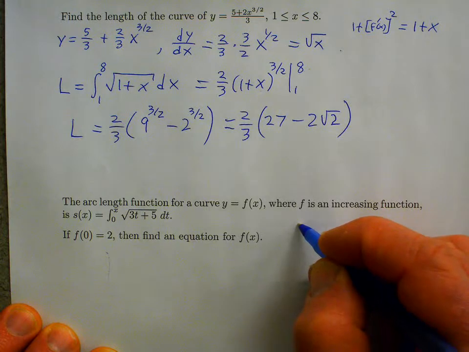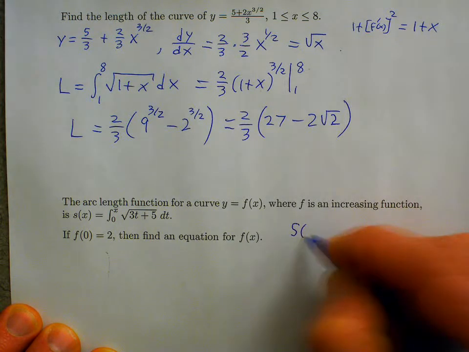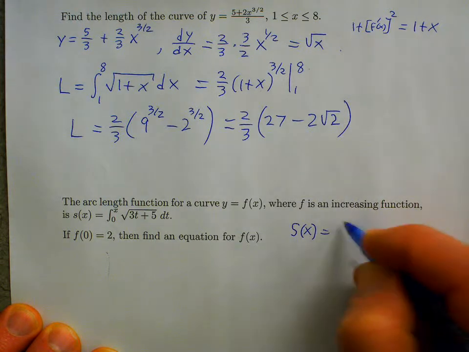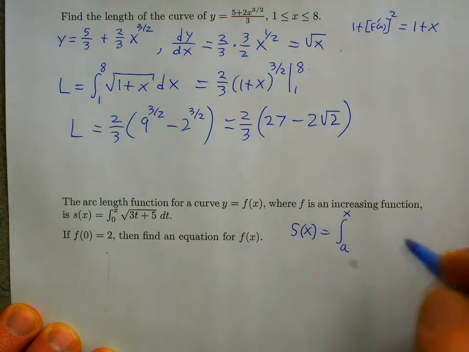So recall in general, if you have a function f of x, then the arc length function for that is the definite integral from some real number a to x.